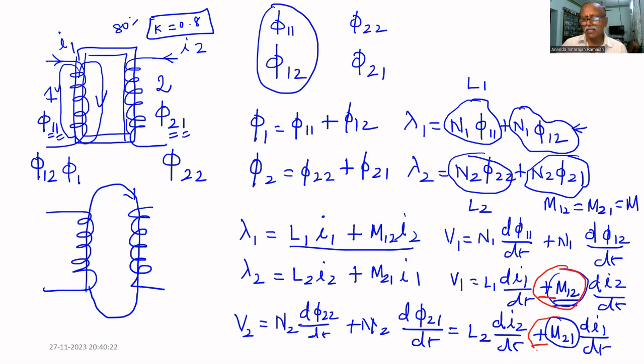Similarly here, M may have a positive or negative value. A positive value means it aids the flux in the second coil, or it may oppose the flux in the second coil. How to find whether it opposes or aids, we will see later.